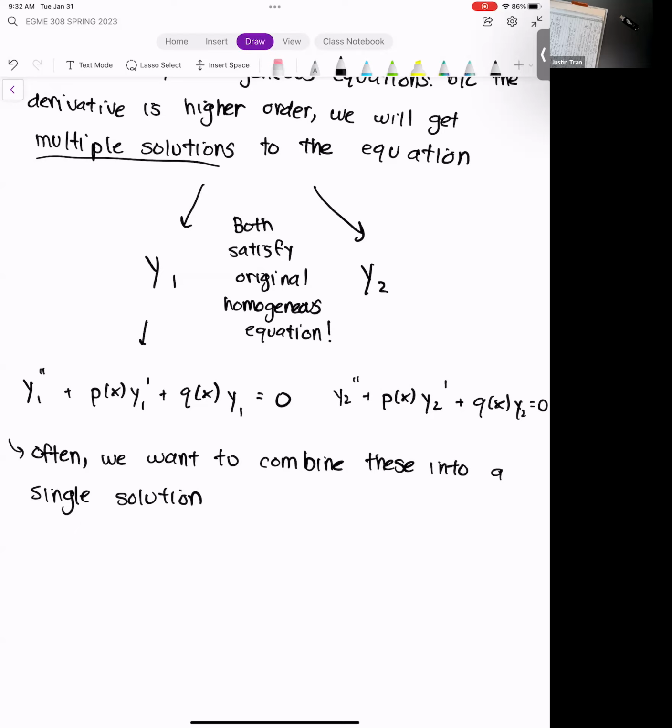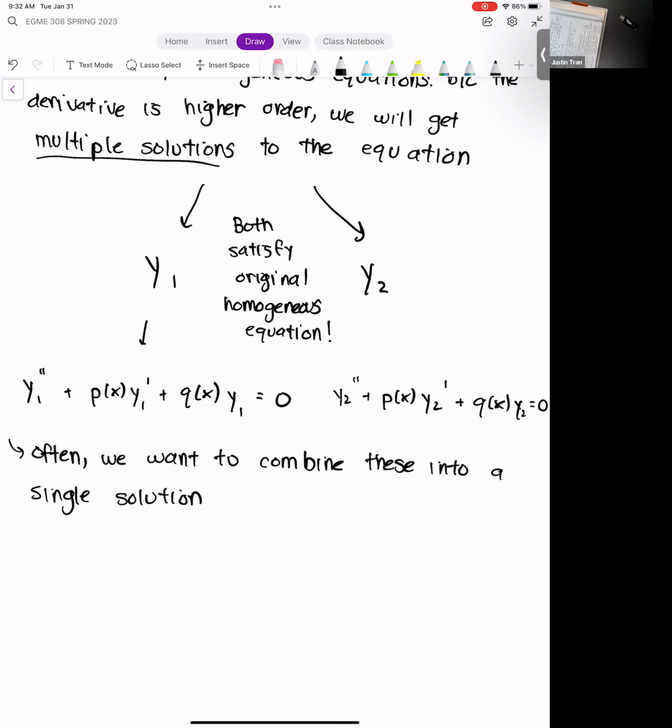It also makes things easier when you apply initial conditions or boundary conditions, since you only apply them to just one solution. And when I say combine, I really mean combine. We're not just going to take one or the other, we're going to take both at the same time.